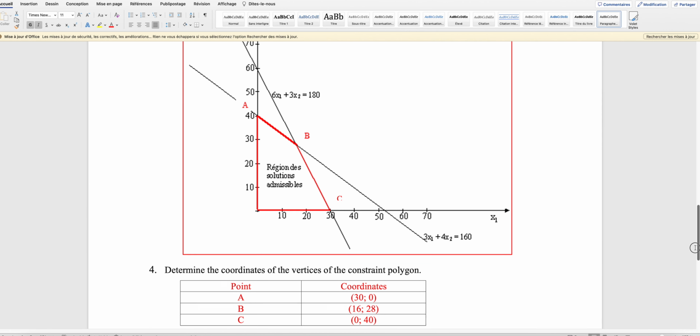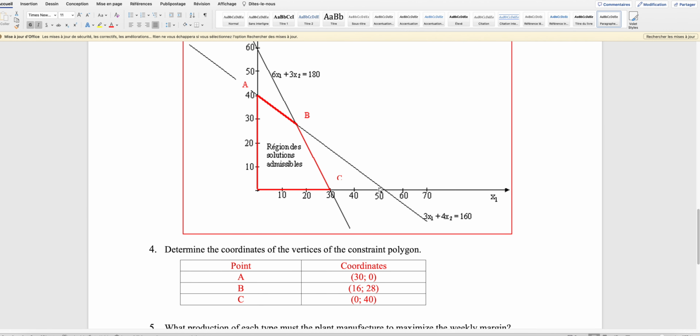So this point on the right of this zone is not possible. It's the same for 40, for example, and so on till 30. There we can now draw the admissibility zone, the polygon of constraints.